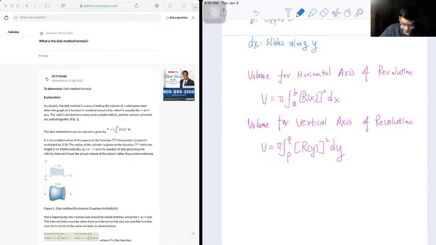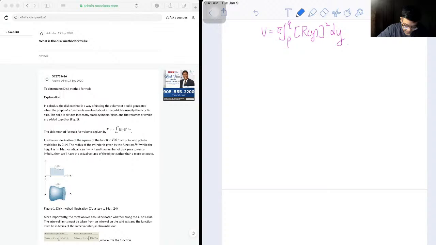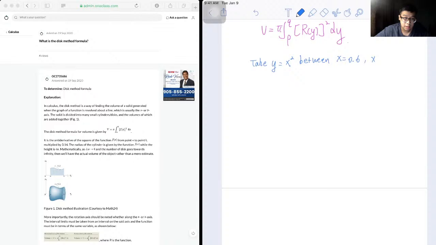So let's take y is equal to x squared between x equal to 0.6 and x equal to 1.6, and rotate it around the x-axis, and we're looking for the volume of it.